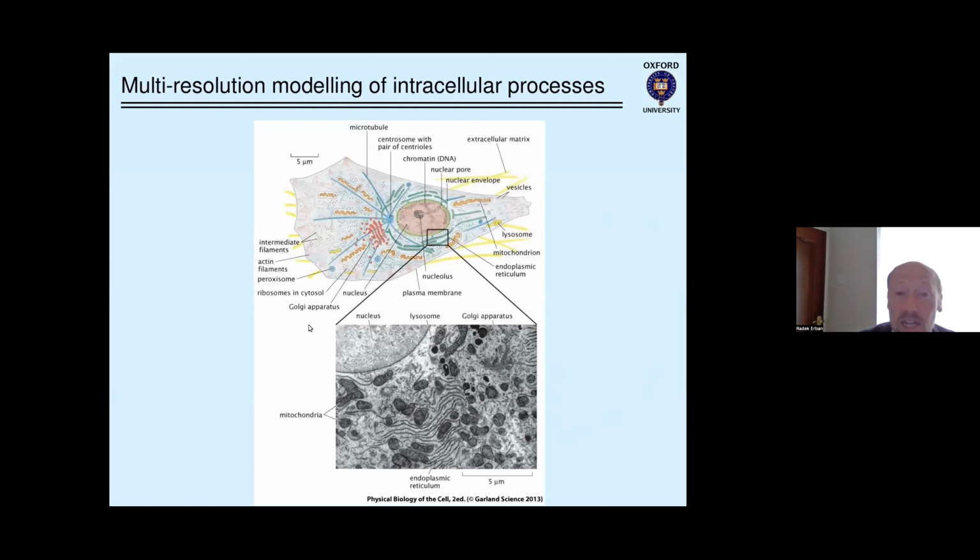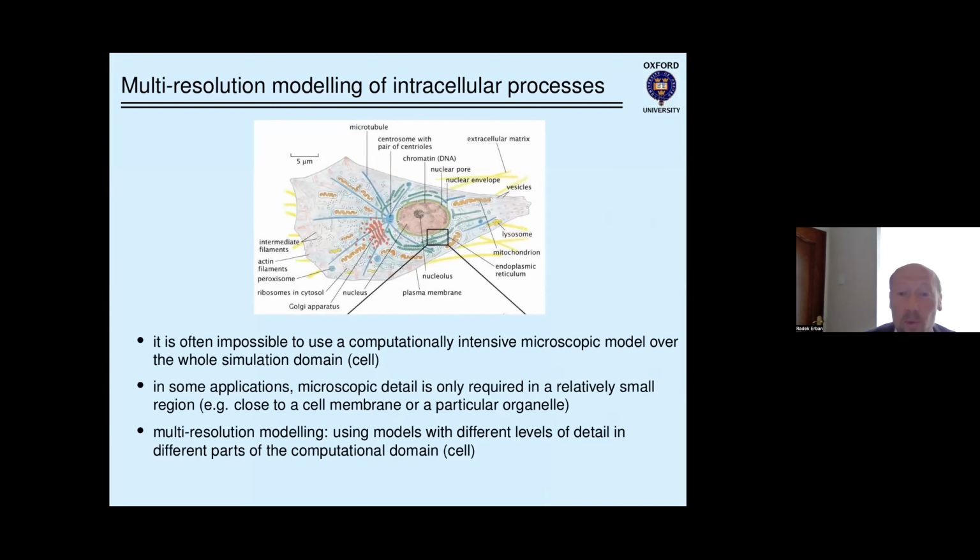The question is, if you want to put such information into a computational model of the whole cell, then this is a hopeless task, because it's impossible to use all the available information which we have about the microscopic level, about the structure of all the proteins or all the biological processes, to create a computational model of the whole cell dynamics.